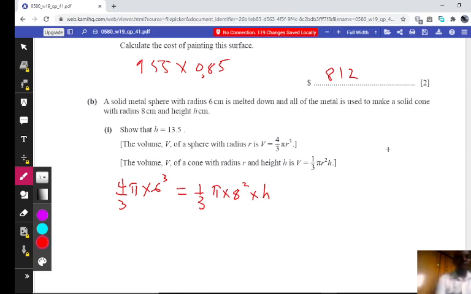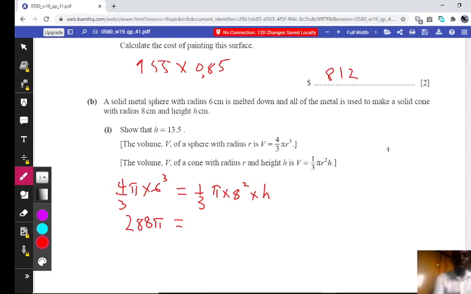Then if you can simplify here, 4 times 6 cubed, times 4, 864, then divided by 3, you can get a straight answer, 288. 288 pi. Don't worry about this pi, because you can see there are pi's on both sides, so they'll just cancel each other. So don't worry about them.